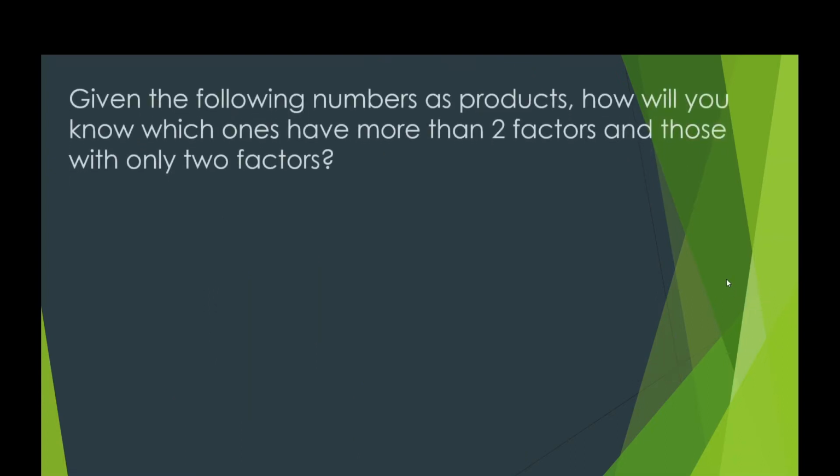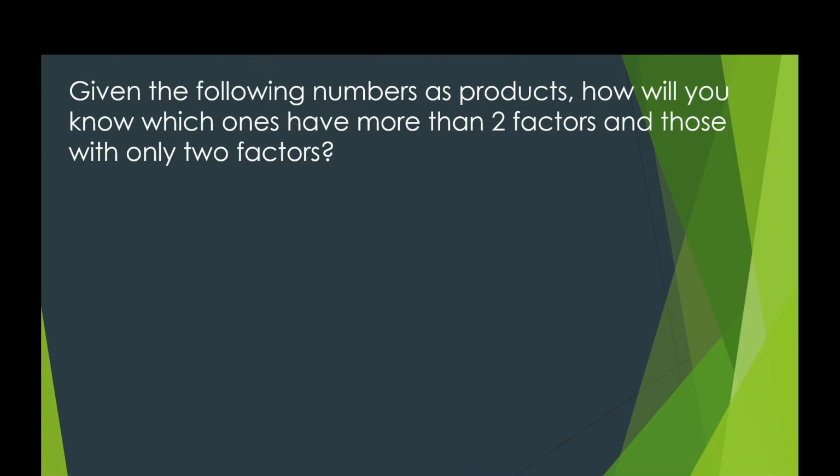Okay, let us now proceed to our new lesson today about prime numbers and composite numbers. So given the following numbers as products, how will you know which ones have more than 2 factors and those with only 2 factors?